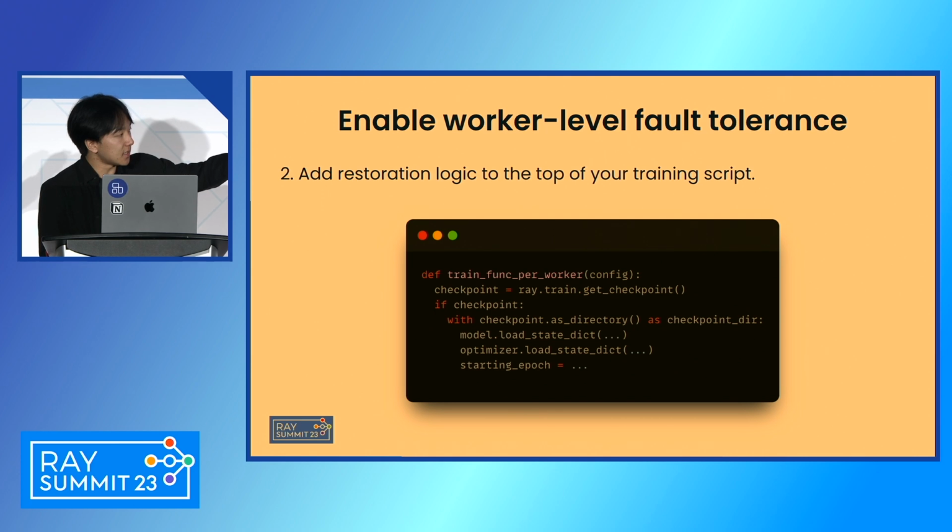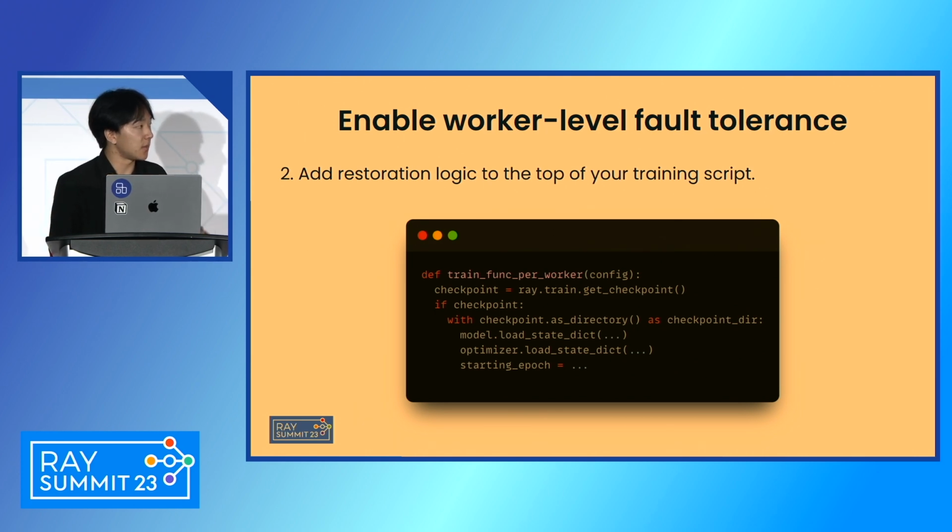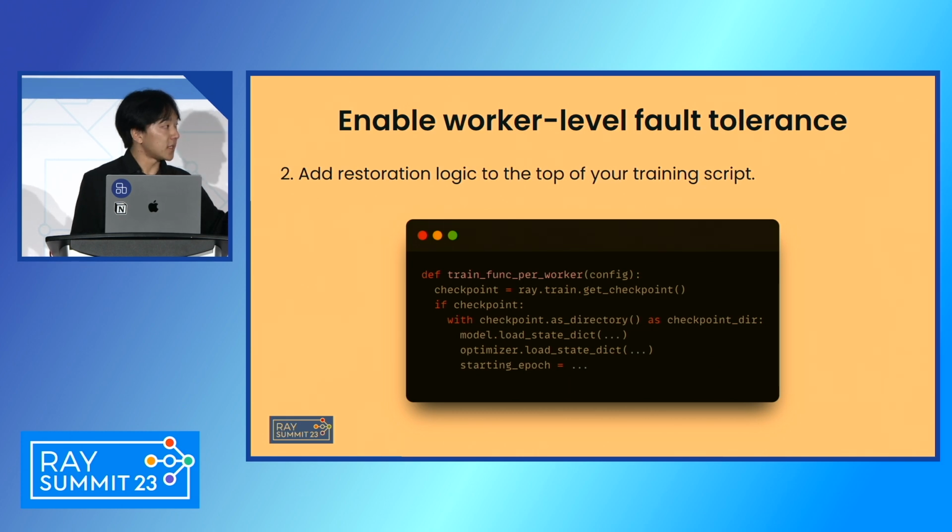We check if this checkpoint exists, and then we use the as_directory API to download the checkpoint locally and view it as just a directory. Then we can use, again, any of our familiar integrations and checkpointing logic that we already know to load this back.